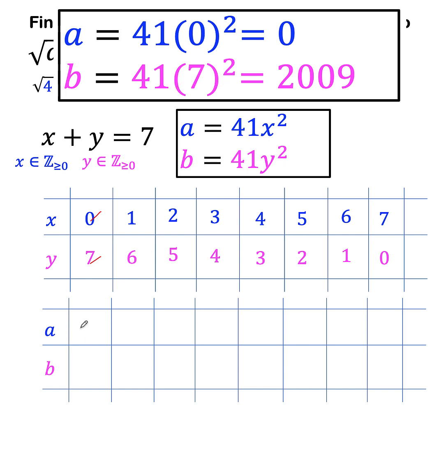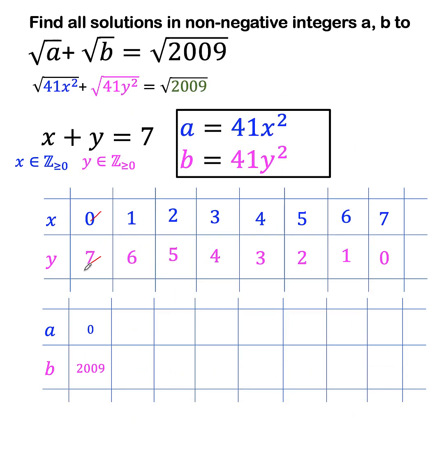So our ordered pair (a, b) must be 0 and 2009 when x is 0 and y is 7. The same explanation when x is 1 and y equals 6, we just substitute those x and y values to this expression here. a equals 41x squared and b equals 41y squared. This now gives us these 8 ordered pairs satisfying the equation.